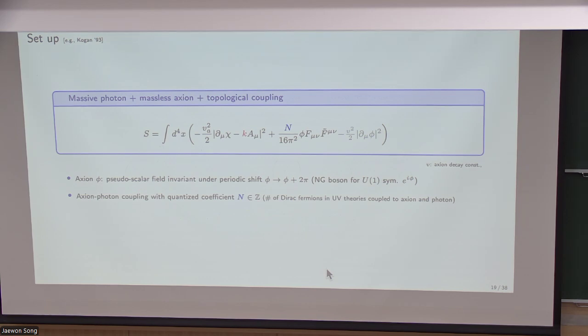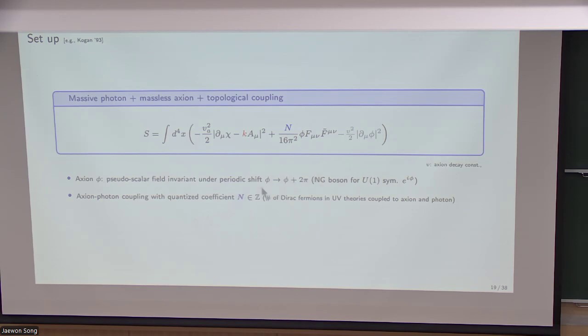This is the action of the massive photon phase. We have the massive photon and the massless axion and the topological coupling between them. In the following, I don't use the kinetic term of the axion. The axion is a pseudoscalar field which is invariant under the periodic shift.